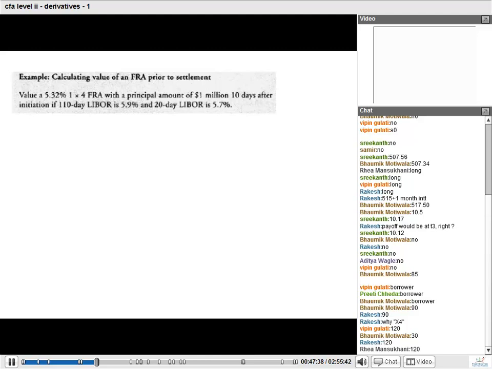Now I entered into the contract here at t equal to 0. The contract was supposed to mature at t equal to 30 for a 90-day loan, and based on the interest rates here, I decided that the fair price should be 5.32.